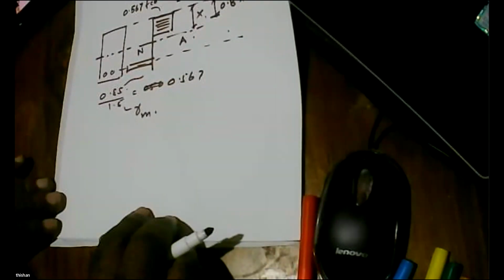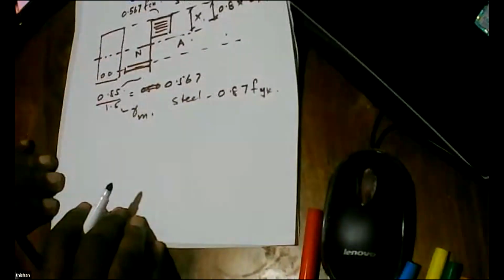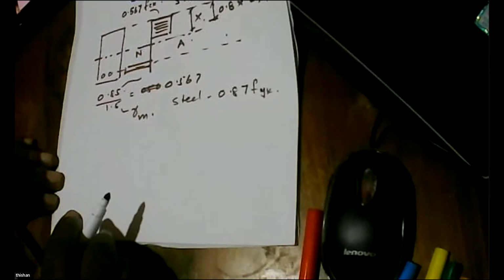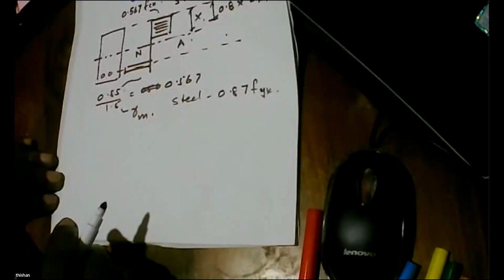Now we are going to say one thing. Now everything has yielded, steel stress is 0.87 fyk on one side. These notations might change a little bit in the note. I'll show the note, but we know what is fy.